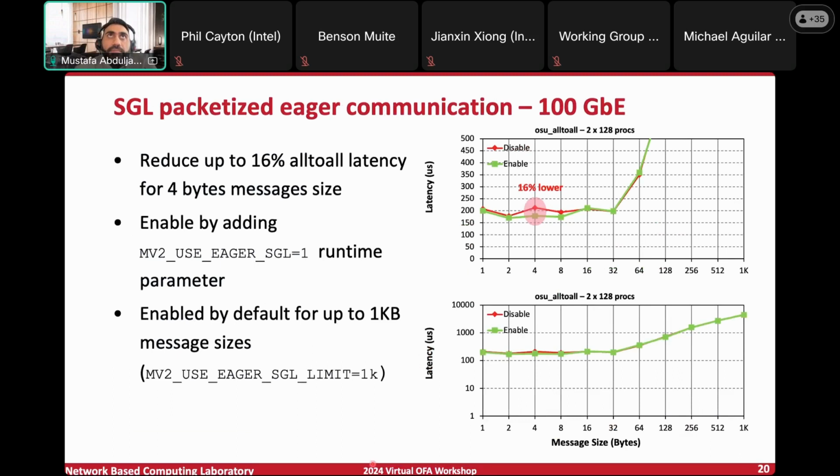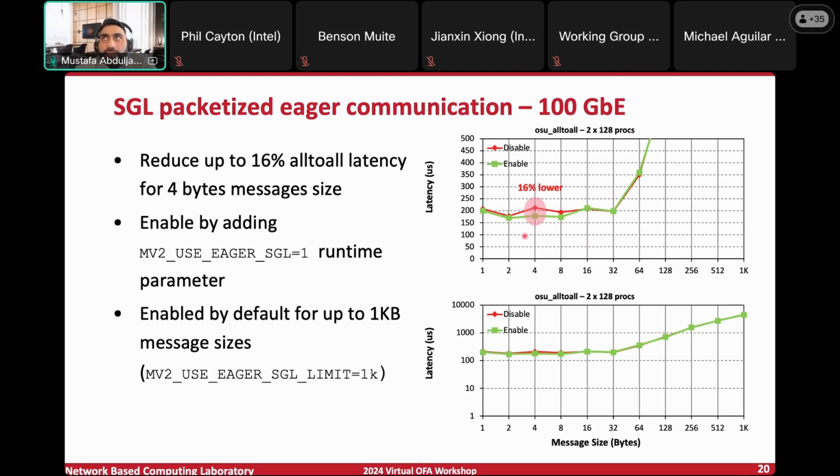And the third technique that I discussed among the latency reducing techniques is the scatter gather list for DMA communication. It's actually not as effective as the other techniques, but we get a small gain of 16% with all-to-all at a smaller scale.